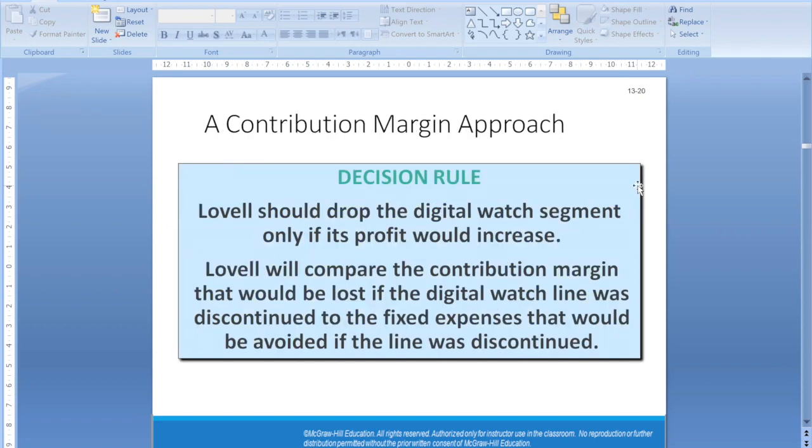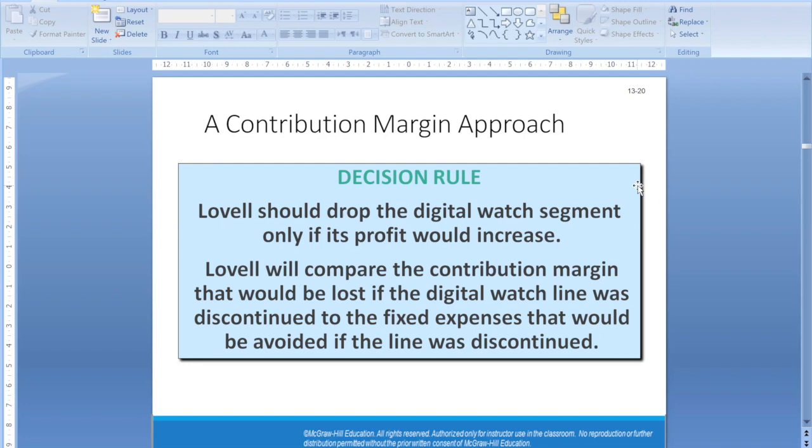Decision rule: Lovell should drop the digital watch segment only if its profit would increase. So our decision depends on the profit. If we decide to close, our profit should increase. Otherwise, this will be a problem.